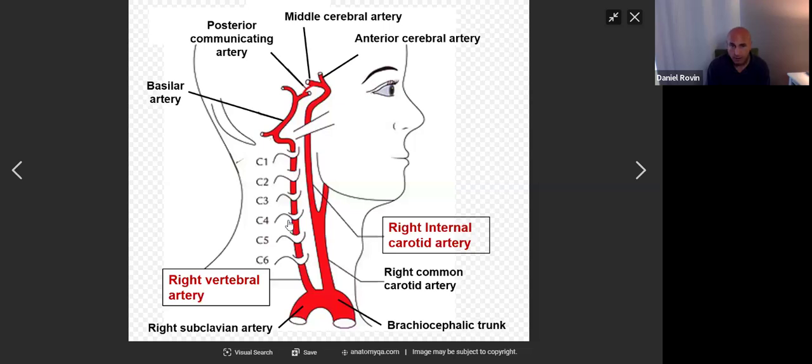And one of the common things that happens with this vertebral artery is basically a type of internal version of an aneurysm known as an arterial dissection, where the wall of the artery tears.